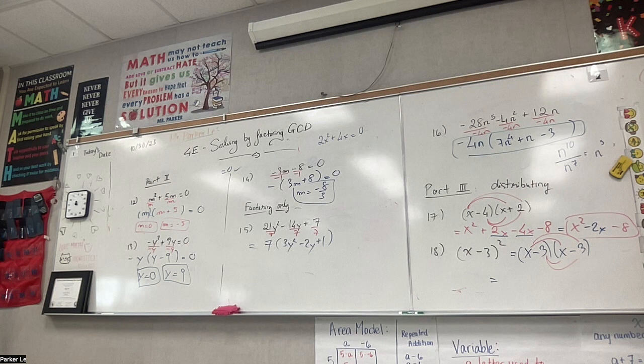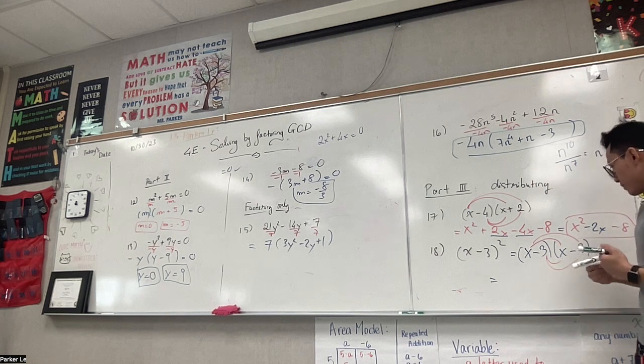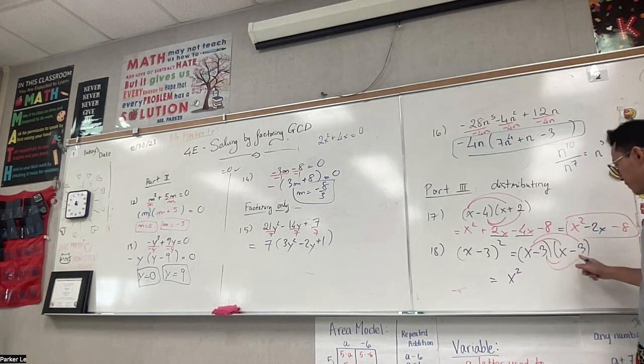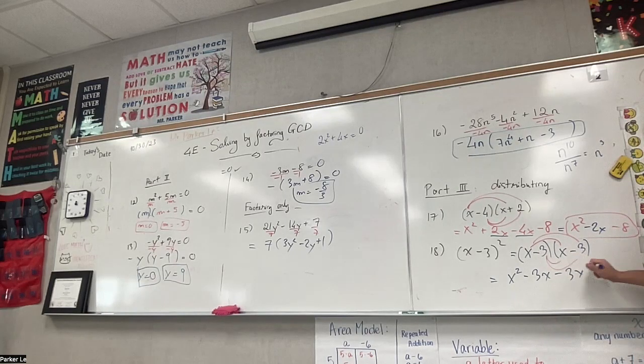You want to try this? Okay, what do you have? x squared minus 3x minus 3x plus 9. You're not sure? I want you to be confident. Is it done?